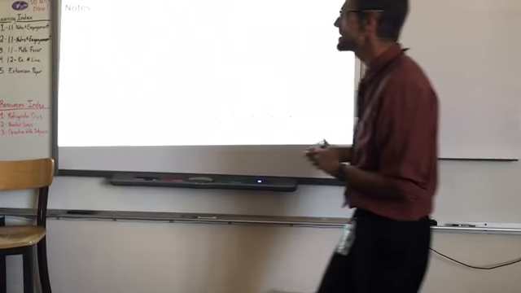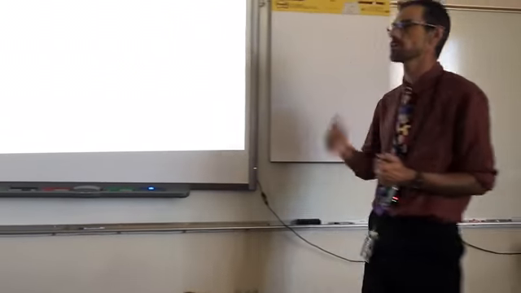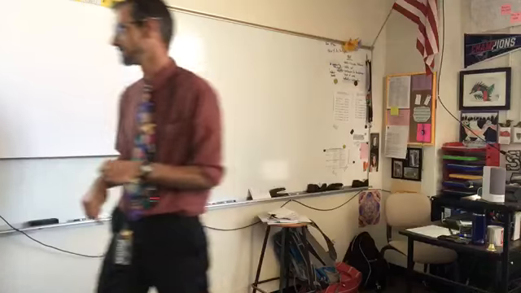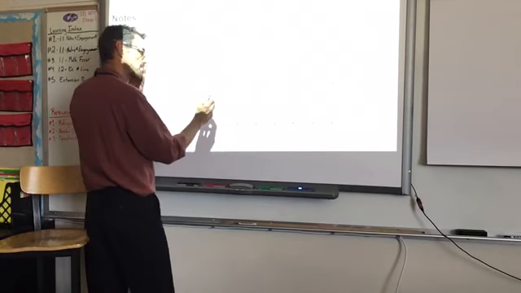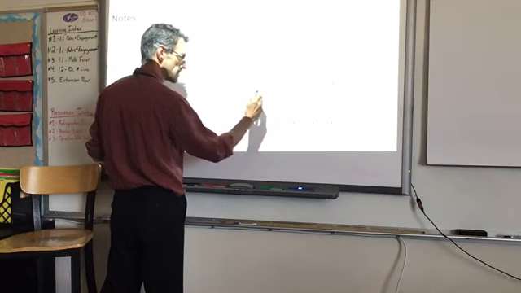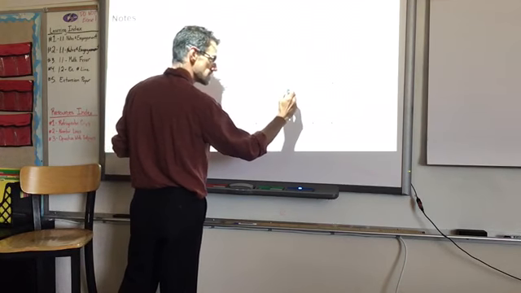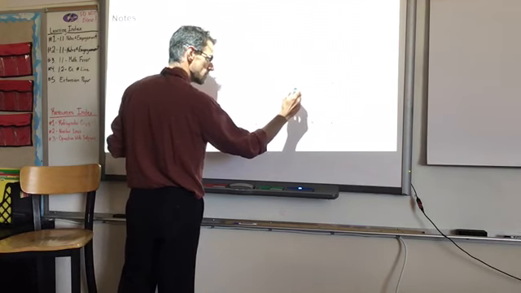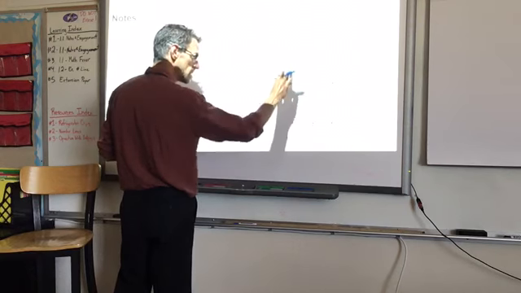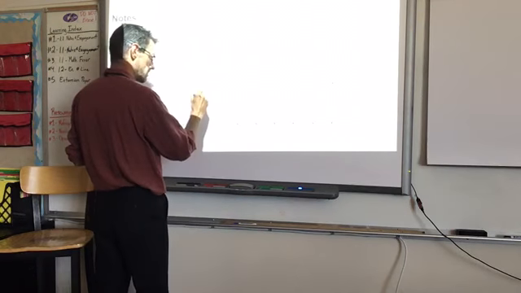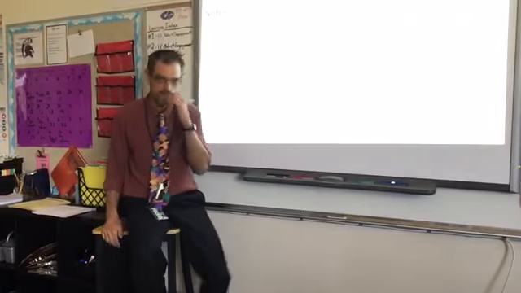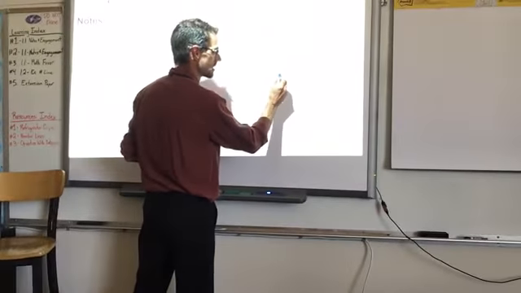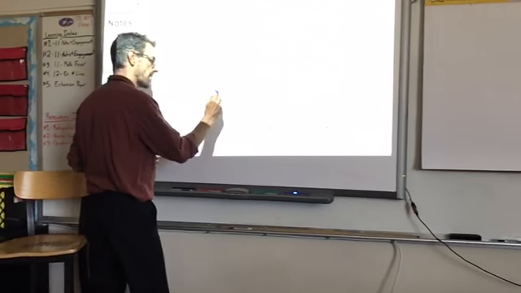So my next question is, what is the sum of a number and the number's opposite? Talk to your partner. So if I have a number, let's say 5, negative 5.